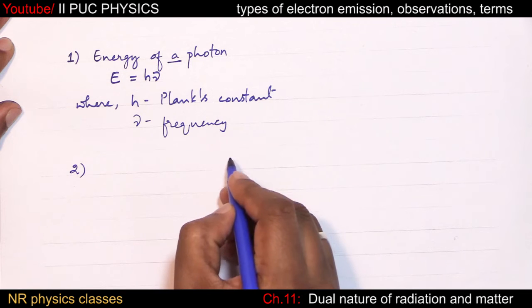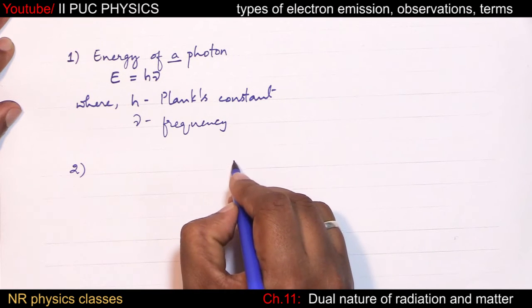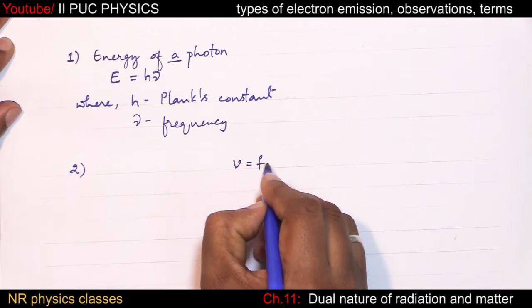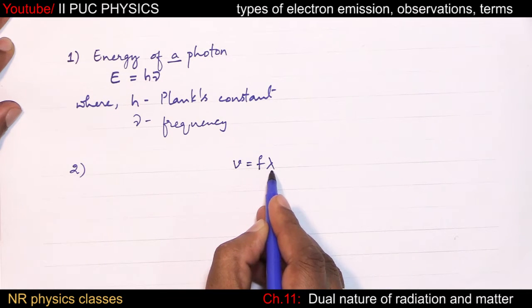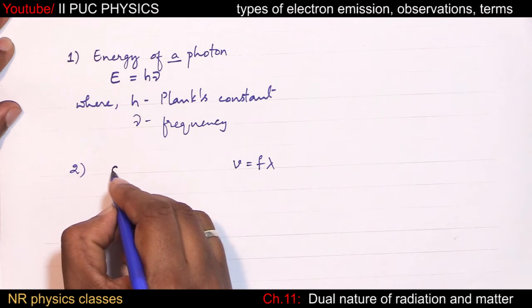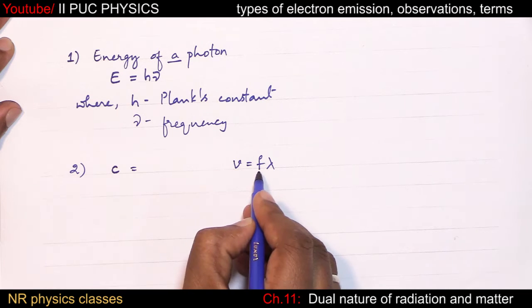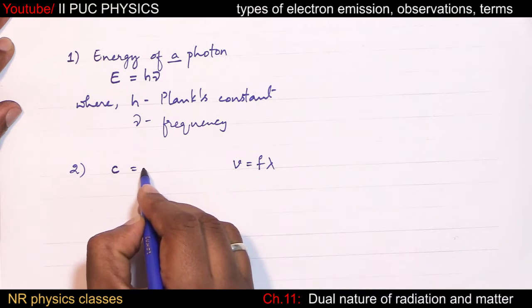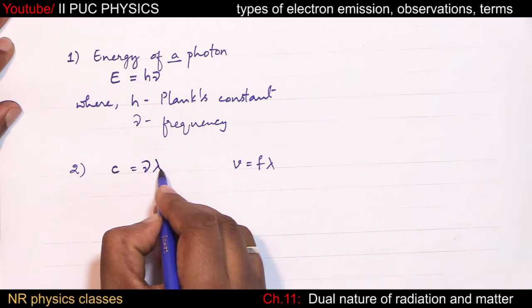Second, in 11th standard waves chapter, we have studied V equal to F lambda, velocity, frequency, wavelength. Now, in place of velocity, let us use C. C stands for speed of light in vacuum, equal to, in place of frequency, F, let us use nu and lambda as it is.